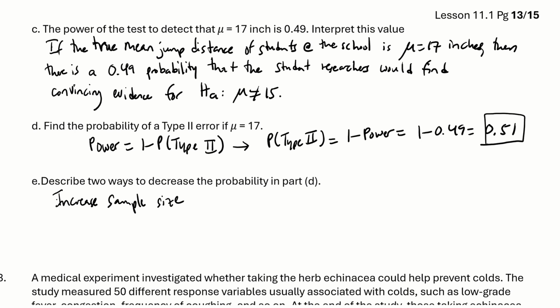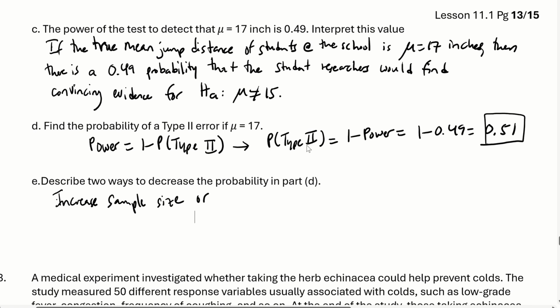The more sample size, the more representation you have, then you have a stronger test. Or, if you want to decrease type 2, you could increase type 1. Technically, if you increase type 1, then you decrease type 2, and vice versa.